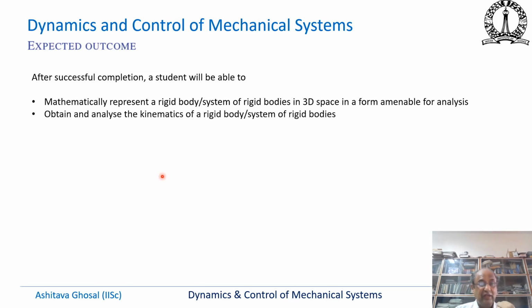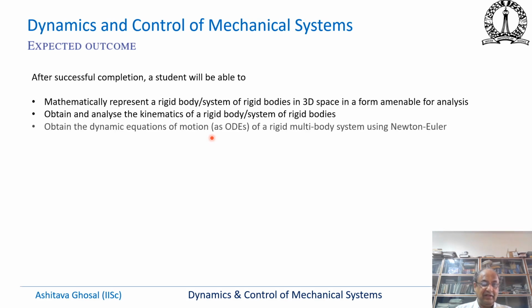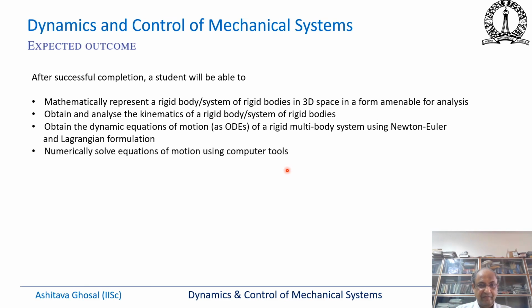Then a student should be able to obtain and analyze the kinematics of a rigid body or a system of rigid bodies. The student should be able to obtain the dynamic equations of motion of a rigid body or a multiple rigid body system using Newton-Euler and Lagrangian formulation. So we will look at these different formulations.